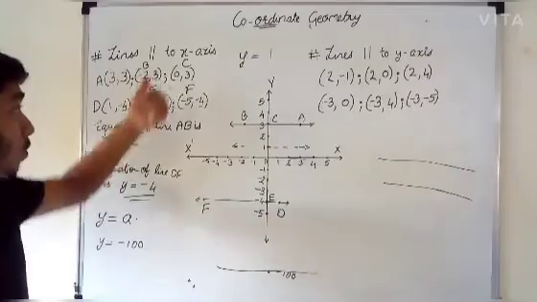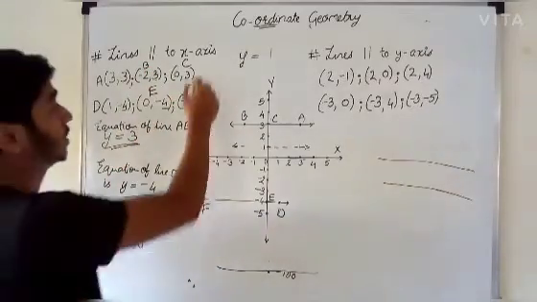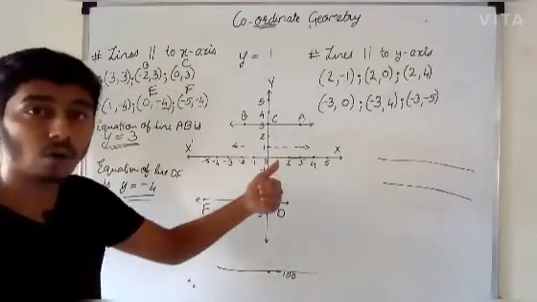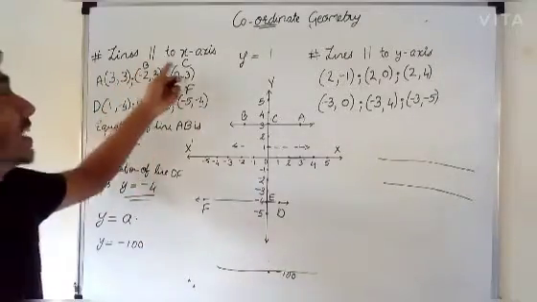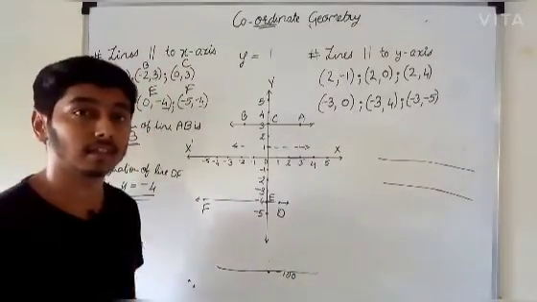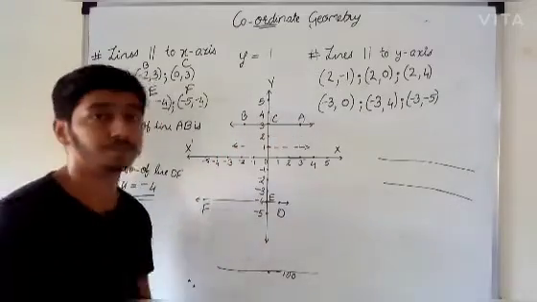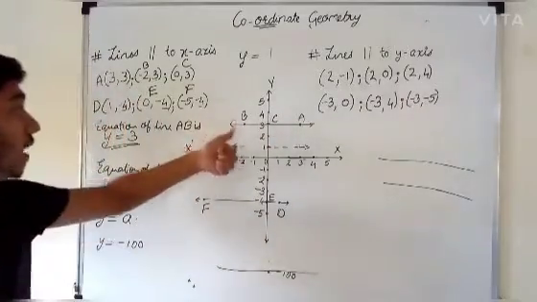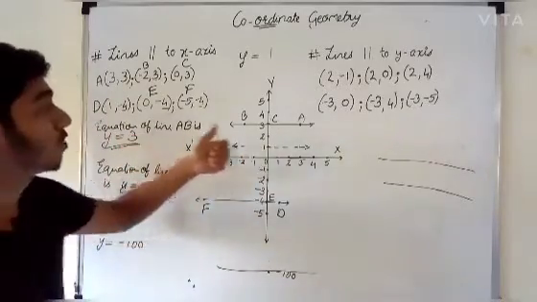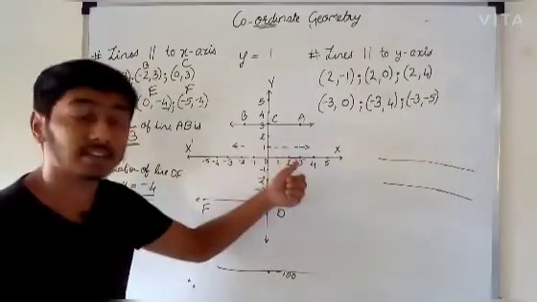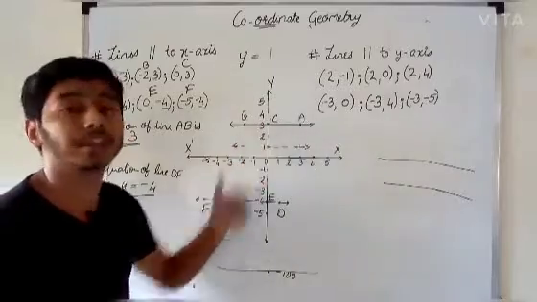What we found out from this: we plotted some points and we saw that the y coordinates are same for lines parallel to x-axis and they are collinear also. So with the help of that, we found out that if you want to find a line which is parallel to x-axis, you need to have just the y coordinate.